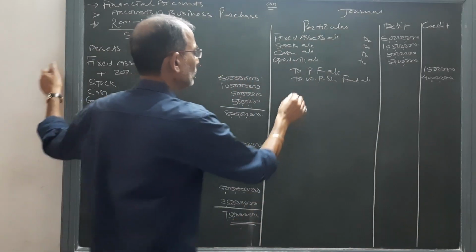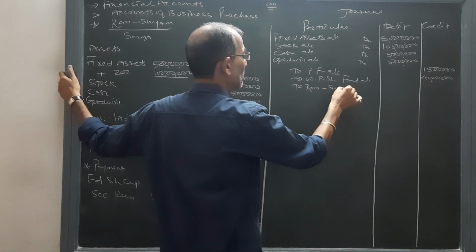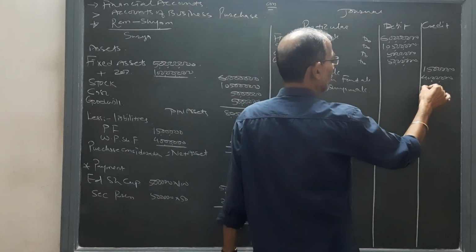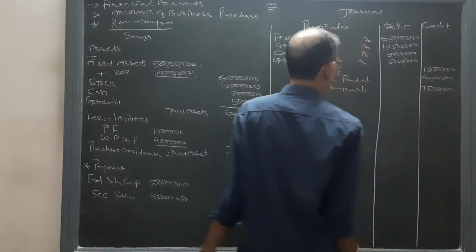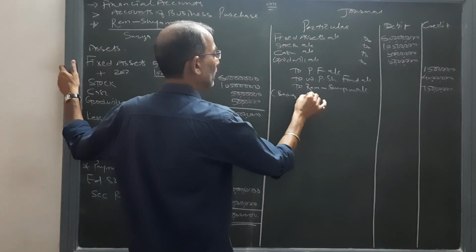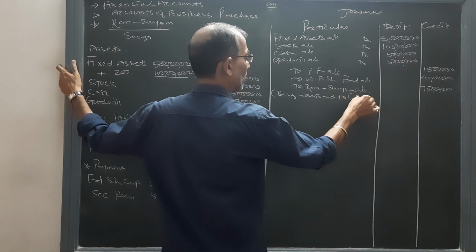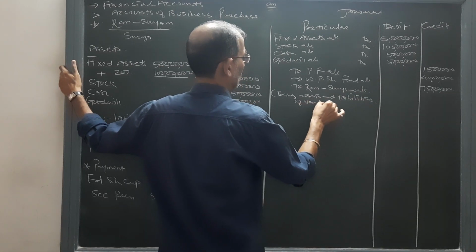And to Ram and Shyam account 7 crore 50 lakh, being assets and liabilities of vendor taken.